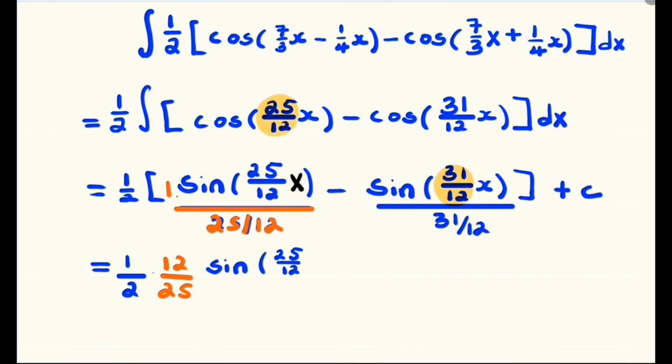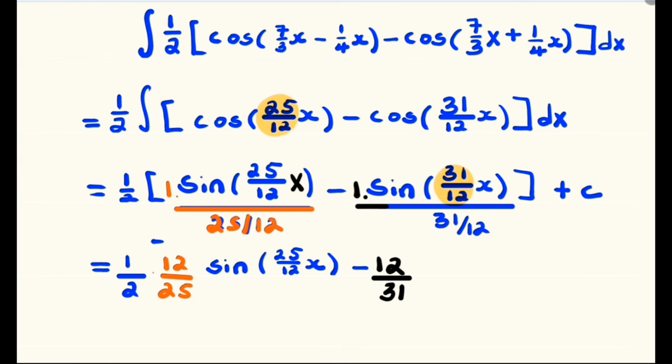So we have the sine of 25 divided by 12 multiplied by x minus, so again, 1 divided by 31 divided by 12 will be 12 divided by 31.